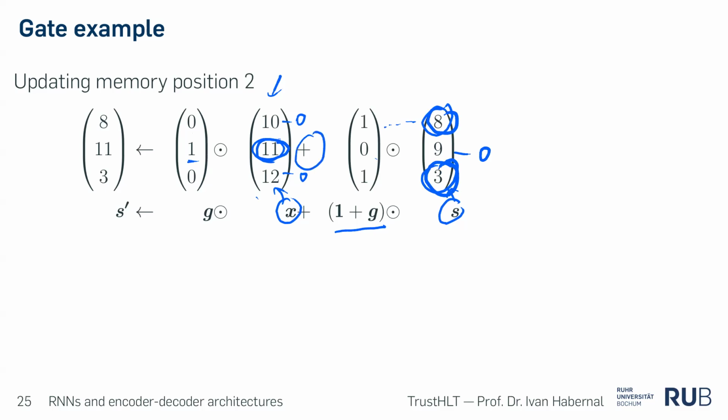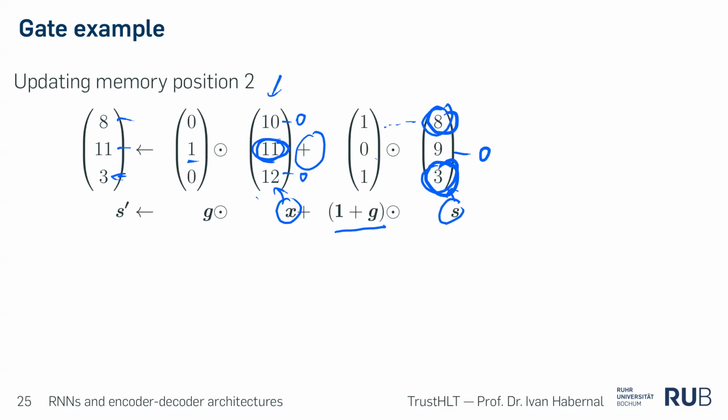Once we sum them up, we end up with 8, 11, and 3. So the gate is sort of like a mask. You mask one vector and take only those elements where you have 1 in the gate, and then you negate the mask and take the complementary thing from our state.